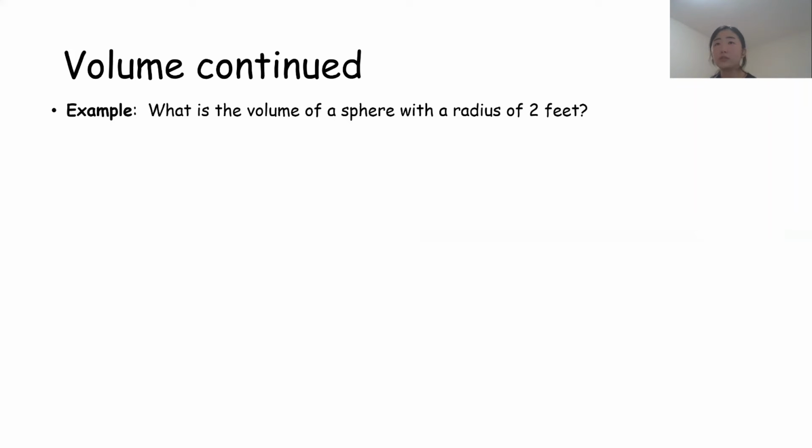So what is the volume of a sphere with a radius of 2 feet? We know from the previous slide that the volume of a sphere is equal to 4/3 pi r cubed. And again, we do the same thing. We put in the radius of 2 feet as r. So you get 4/3 times pi times 2 feet cubed. And like before, 2 feet cubed would be 2 times 2 times 2 times feet times feet times feet.